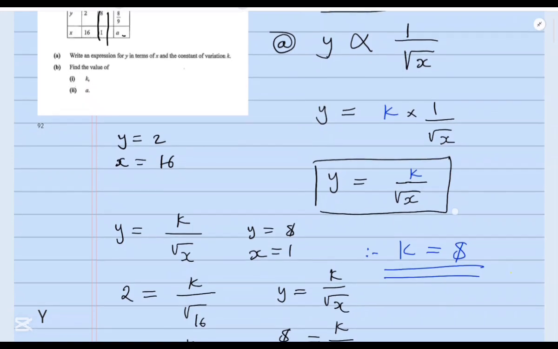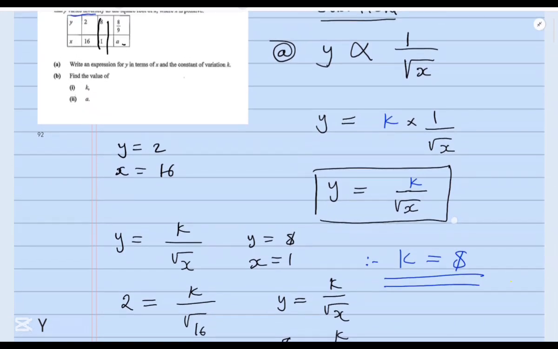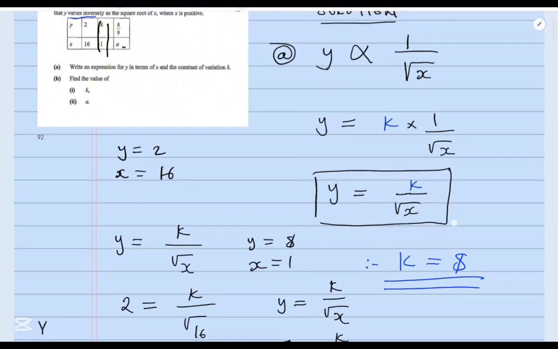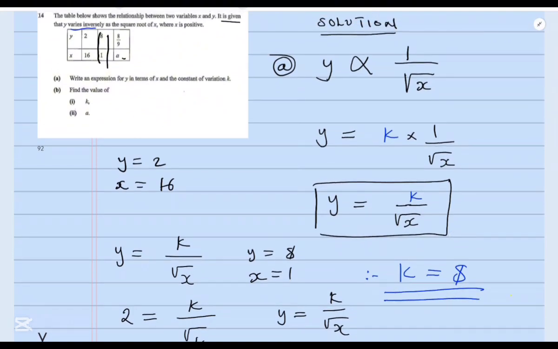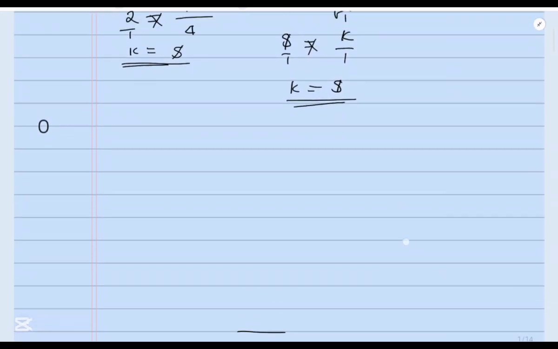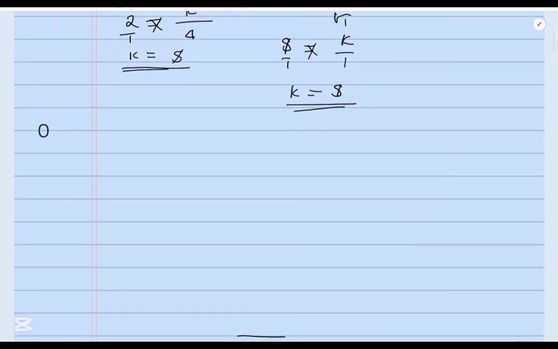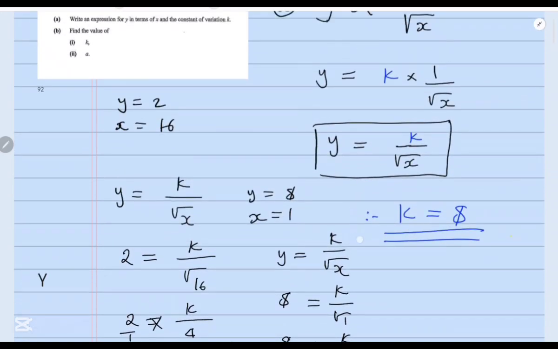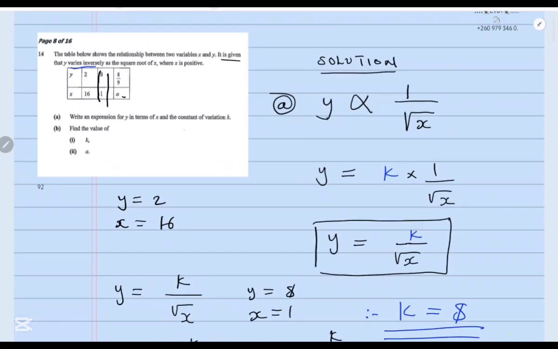Let us go to the second part of the question. Find the value of a. That's the last part of our question, so that's B2. If you check, the a part is here.